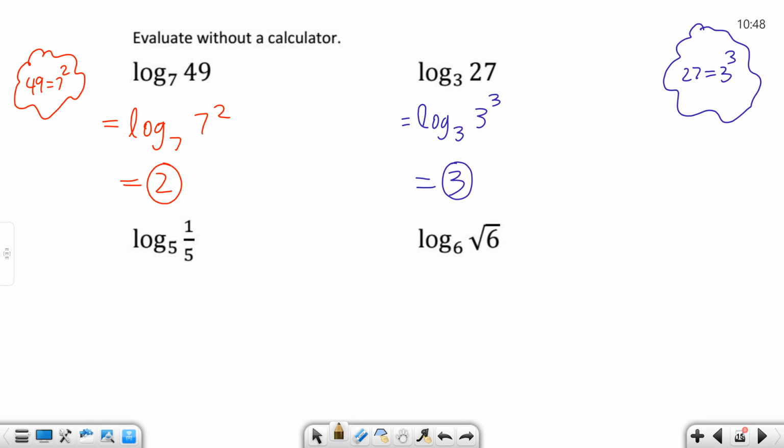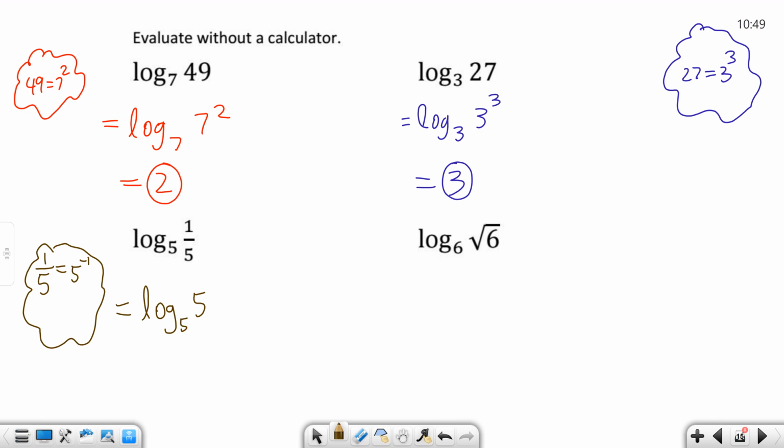So what about the next one? How on earth do I do this? I need to write this as log base 5 of 5 to something, right? Well, let's talk about it over here in my little thought cloud. 1/5 equals 5 to the, what if I did -1? A negative means take it and put it in the denominator, right? If it's in the numerator, put it in the denominator, or vice versa. So if I have 5 to the -1, that means I've moved 5 to the bottom.